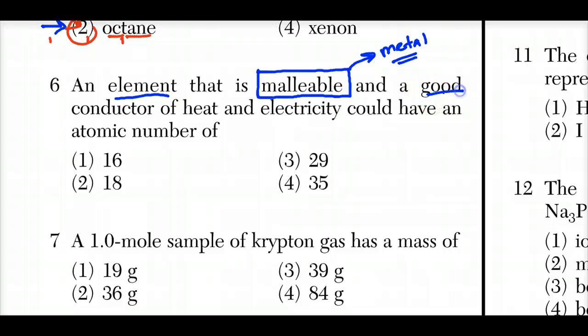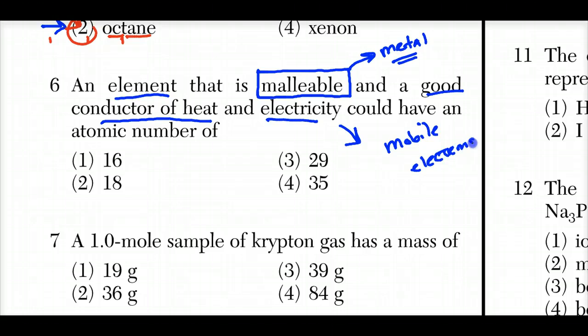And a good conductor of heat and electricity. If you're a good conductor of heat and electricity, what you have is mobile electrons, which means you have electrons that are not held very tightly. If you're conducting electricity, you have to have electrons that have an ability to be repelled or moved back and forth.